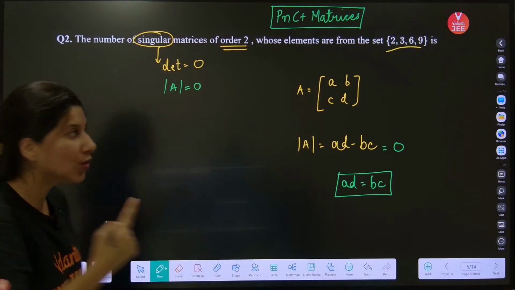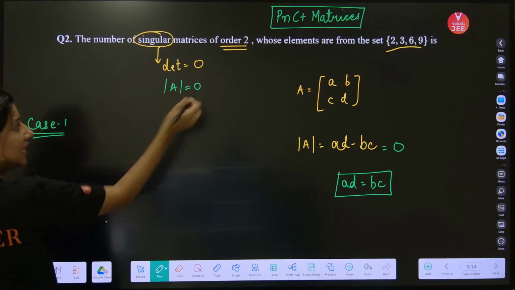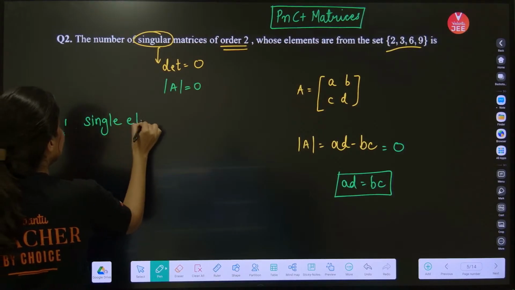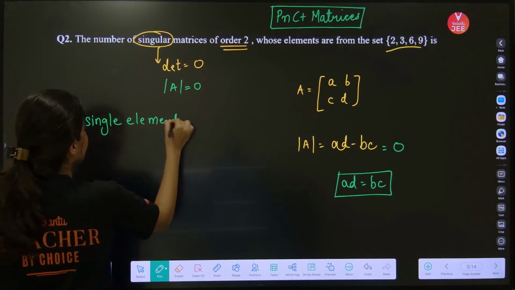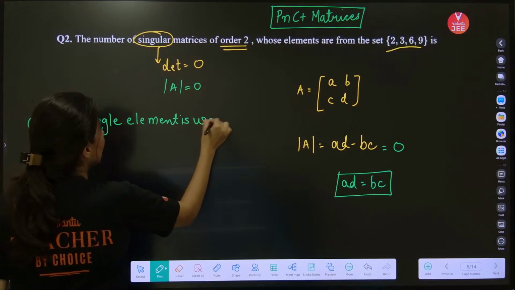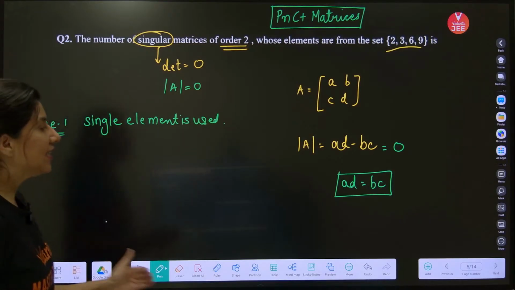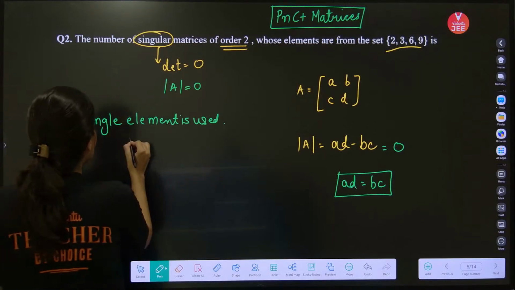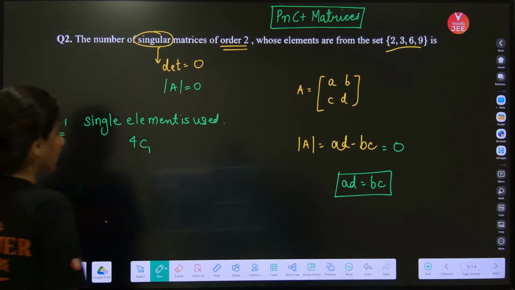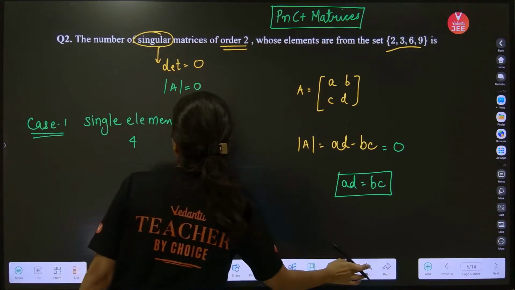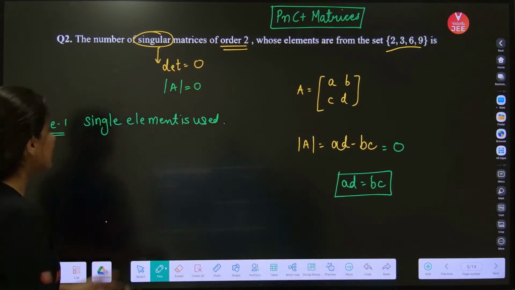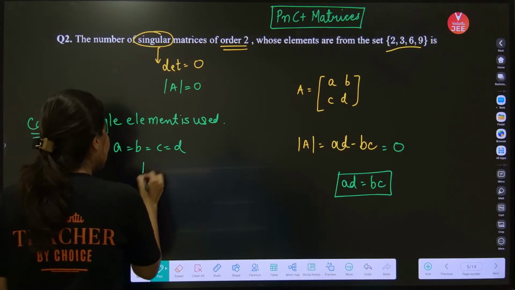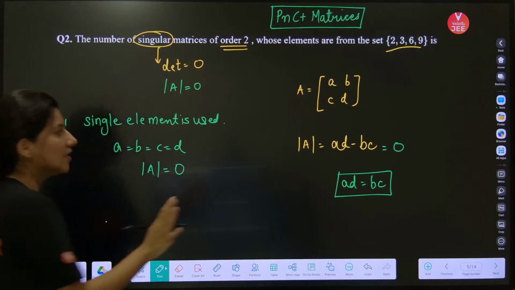The cases would be, first, only a single element is used. That means a, b, c, d are all the same, so the answer would be 4C1. The moment you say a single element is used, a equals b equals c equals d, and in that case determinant A will always be 0.